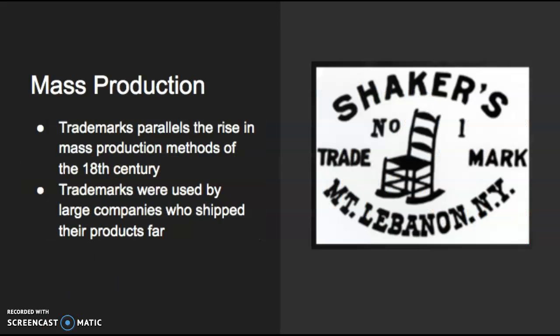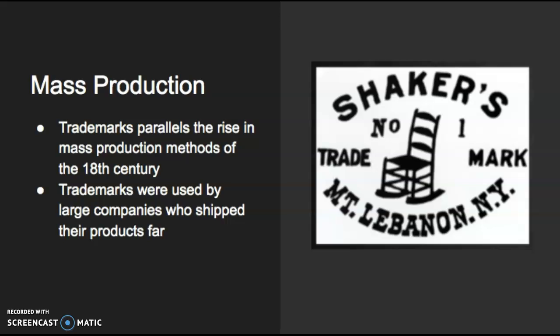So mass production and trademarks really go hand in hand because as mass production really started to rise in the 18th century, which is when the Industrial Revolution really hit, factories were making more and more products. It was just so much easier. That's when trademarks started to really take a rise as well, because large companies wanted to be able to tell where things came from, especially if they were shipping far away.